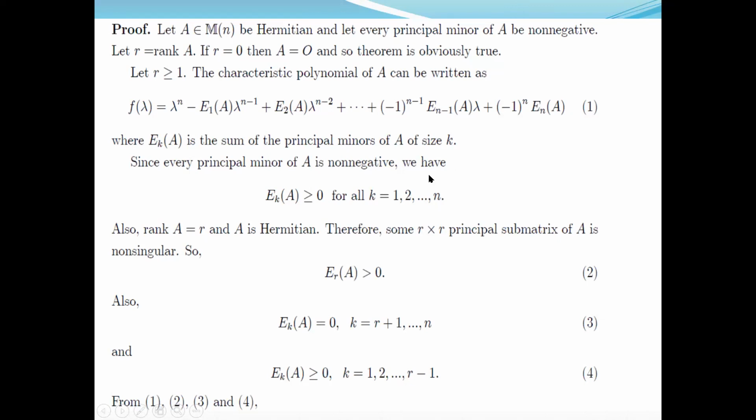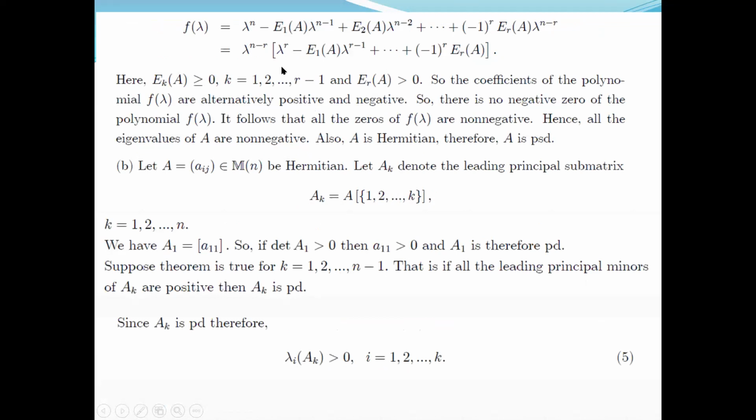Also, we can see here if the rank is r and r is strictly less than n, then instead of this equation, we will have this equation. This gives all the eigenvalues 0.